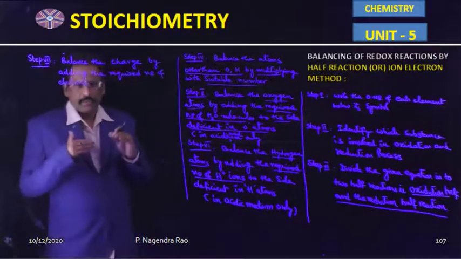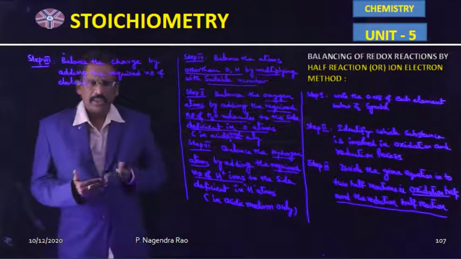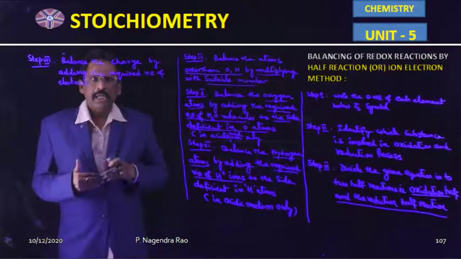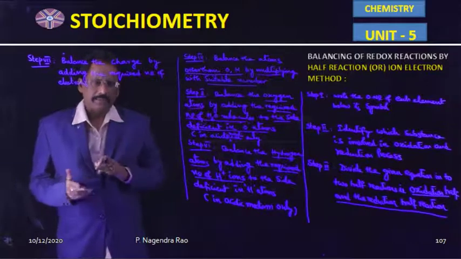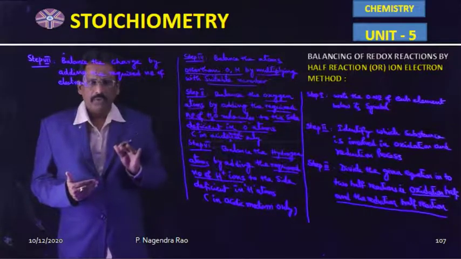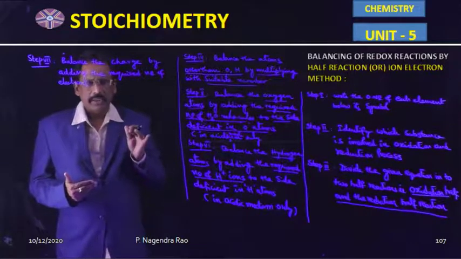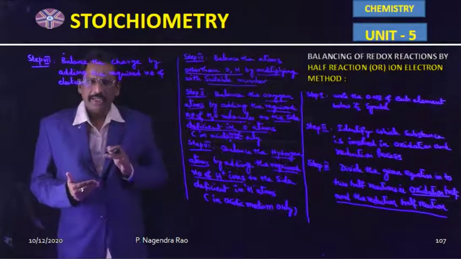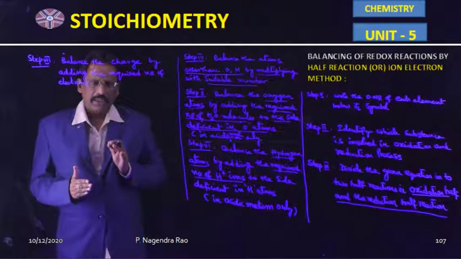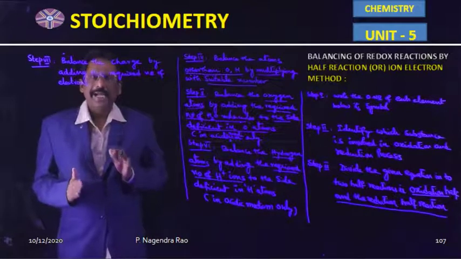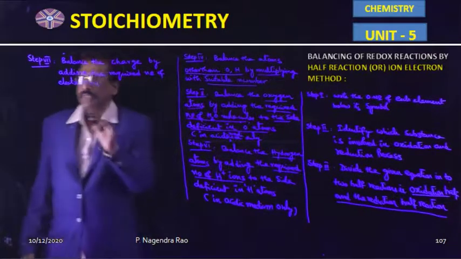If you want to balance the charge in the oxidation half reaction, add the required number of electrons to the product side. If you want to balance the charge in the reduction half reaction, add the required number of electrons to the reactant side.